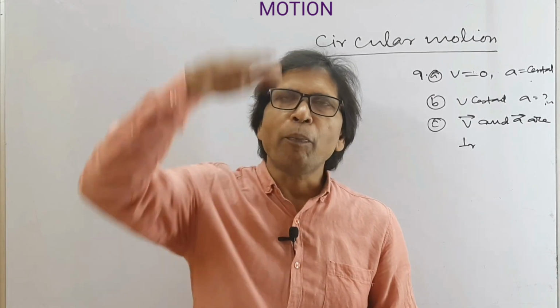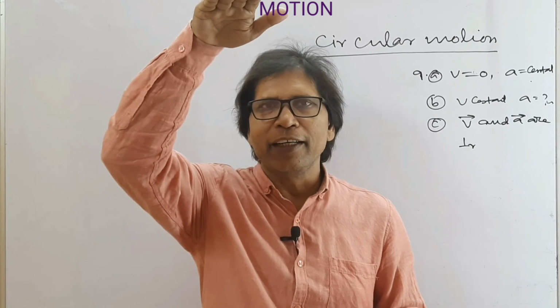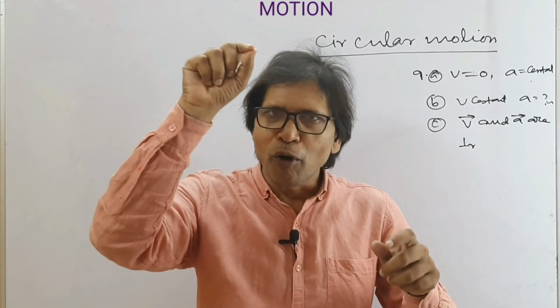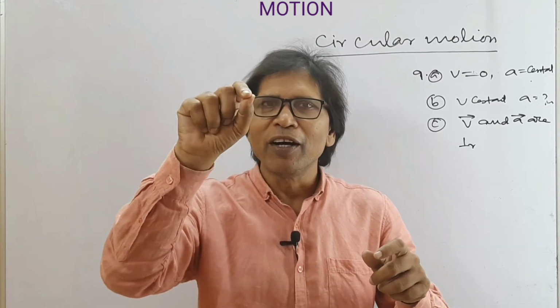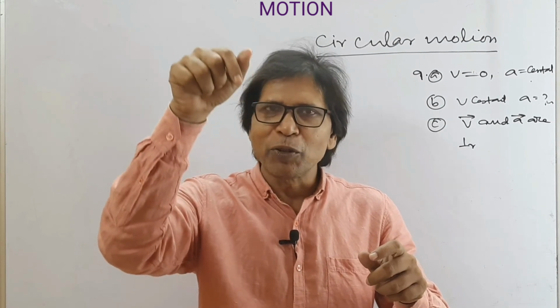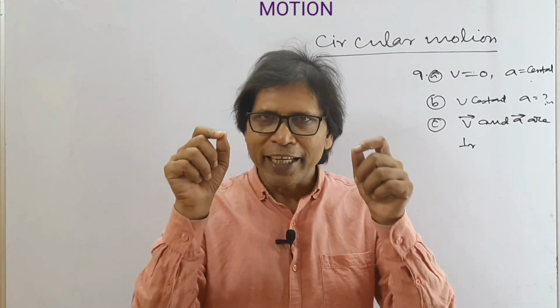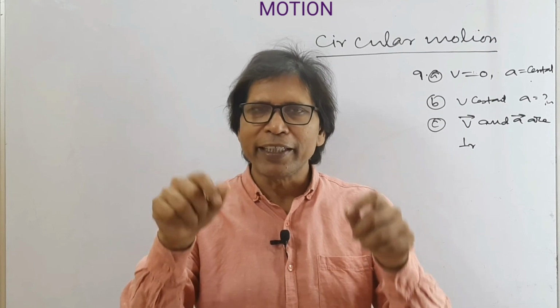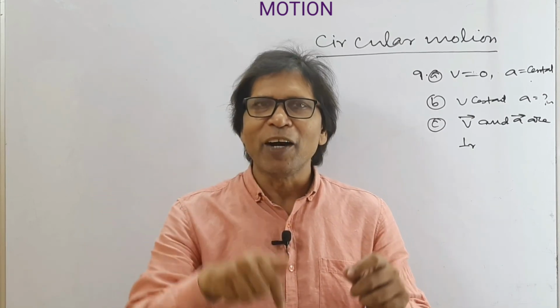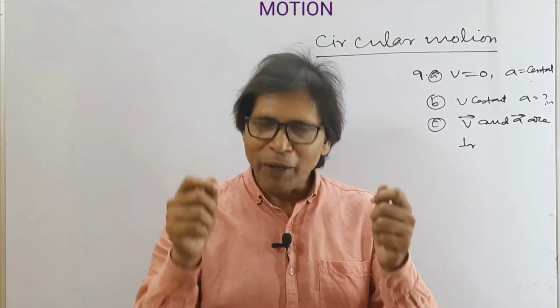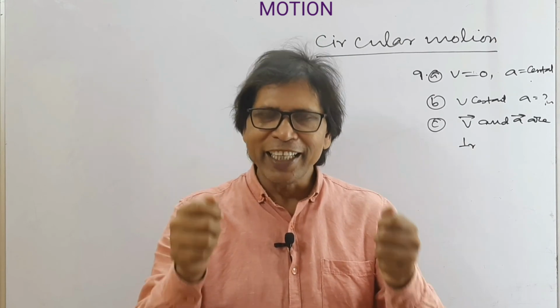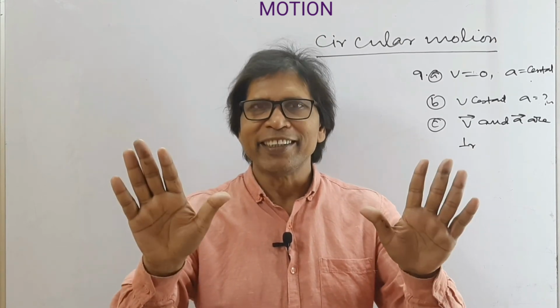Now, at the top point of its journey, the velocity is momentarily 0, but acceleration due to gravity is 9.8 meter per second square vertically downward. So, when velocity is 0, acceleration may be present.